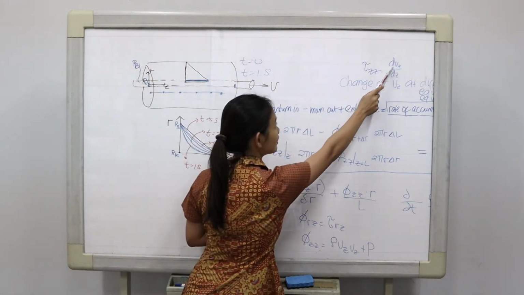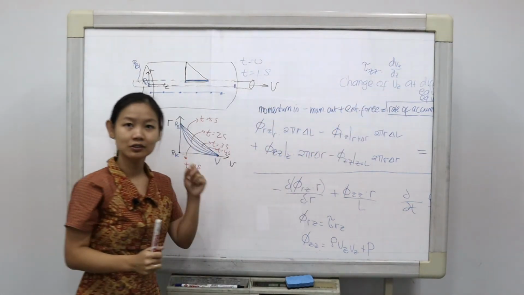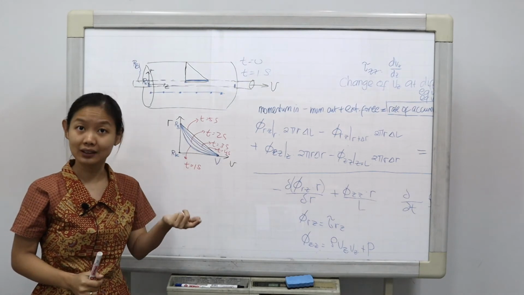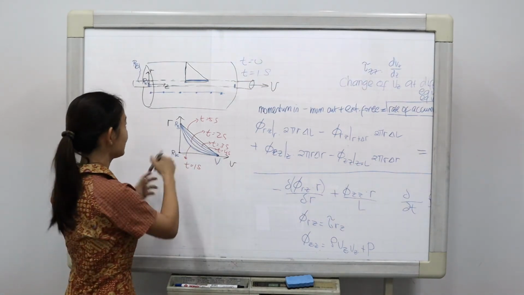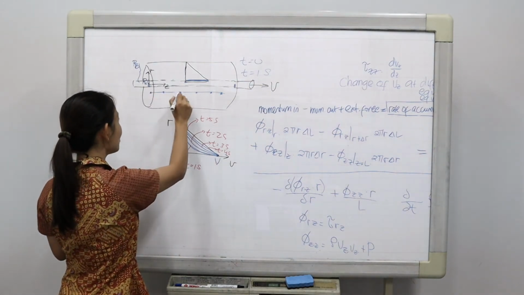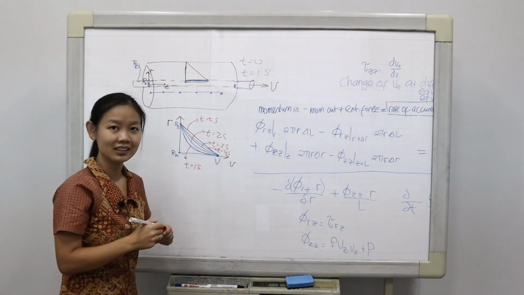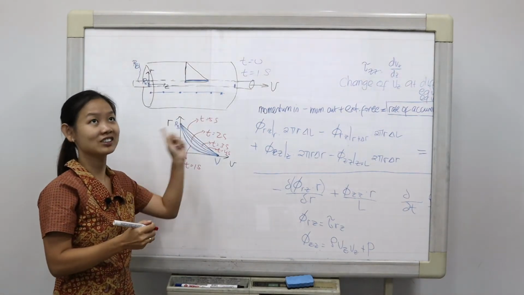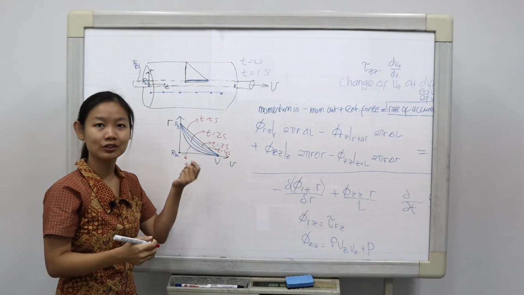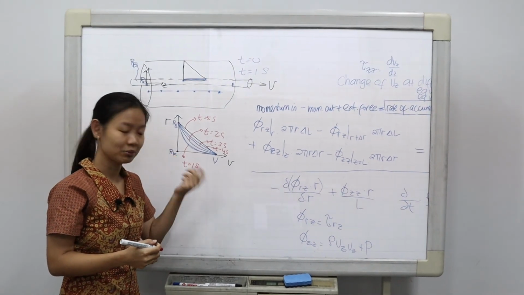Now, the dv over dz means that you observe the velocity at similar time. At similar time, the velocity at any point at similar r, different z, will always give you a similar number.